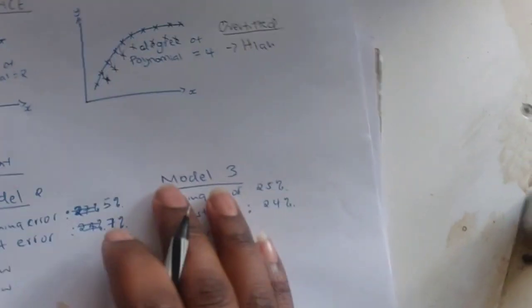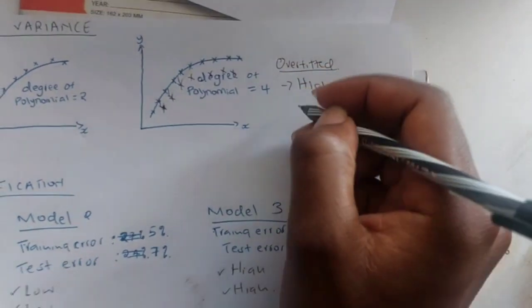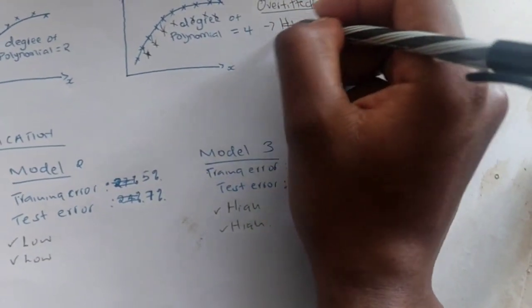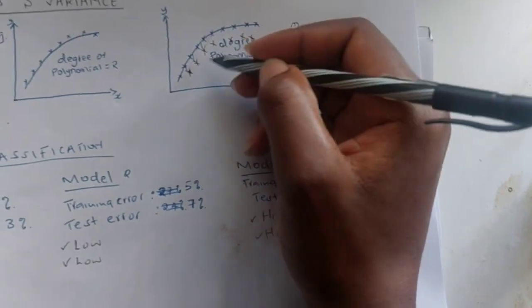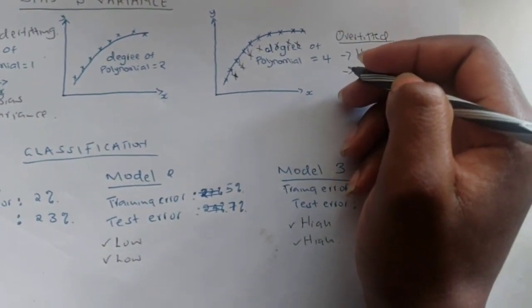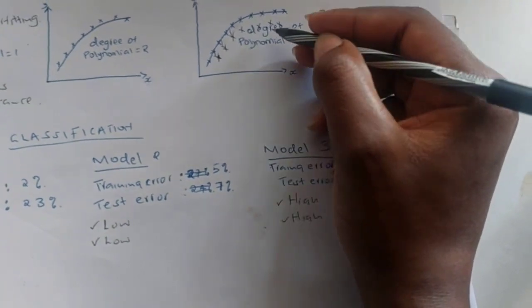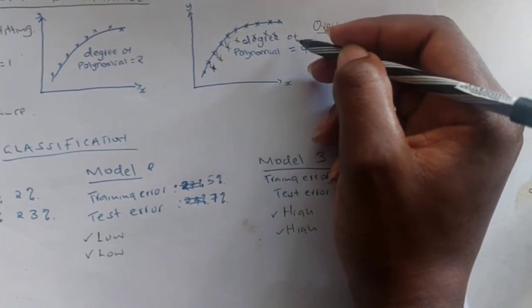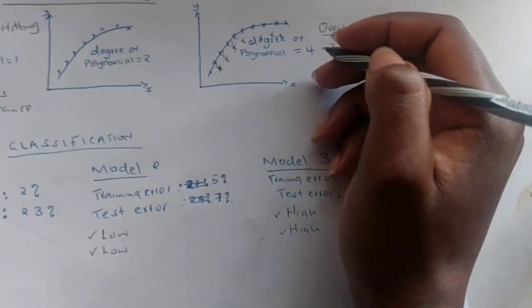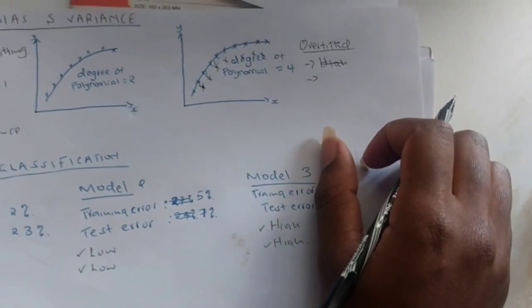Okay, let's go to the fourth one. We'll say that this one, since it had a low error in the training dataset, since this condition is where each point was exactly fitting to the line, as you can see, it had a low error in the training dataset.